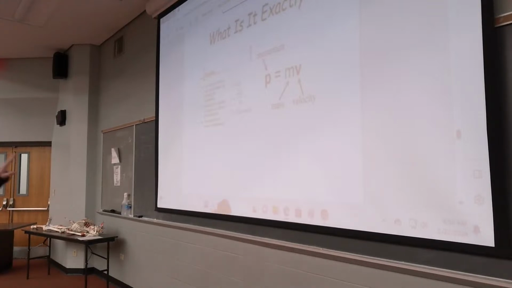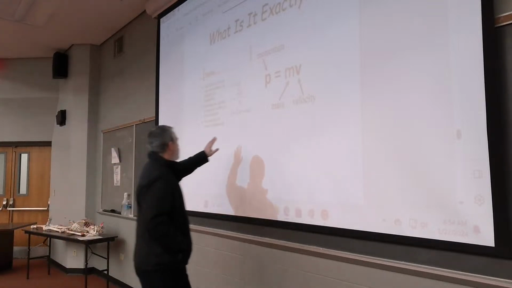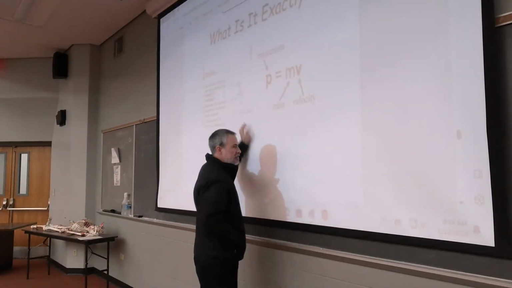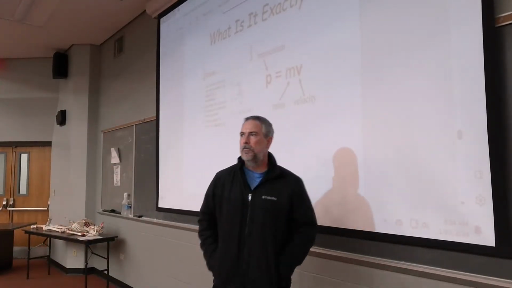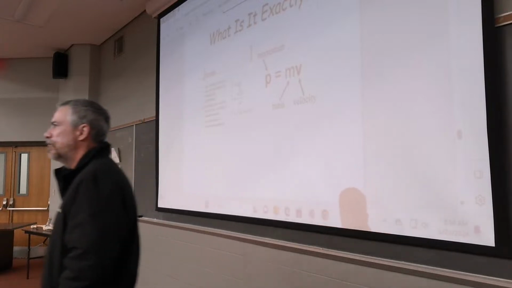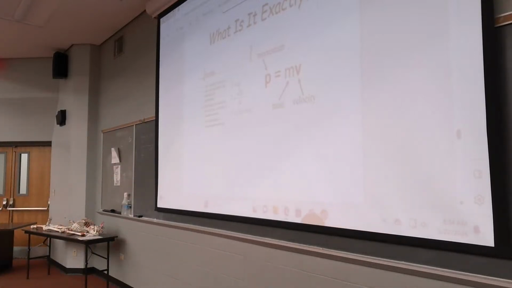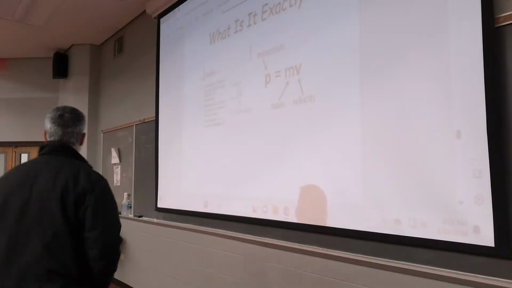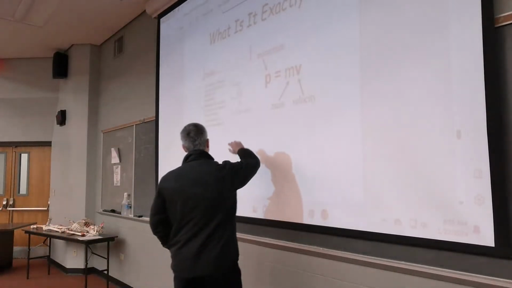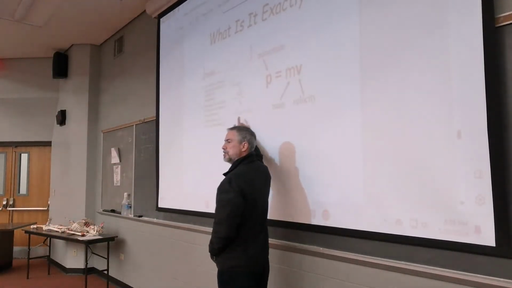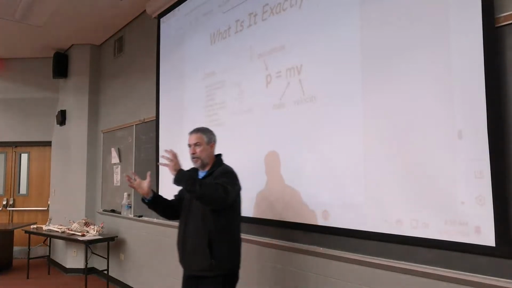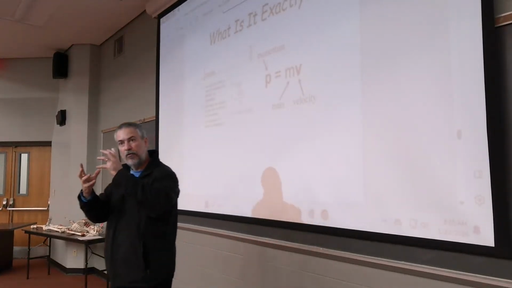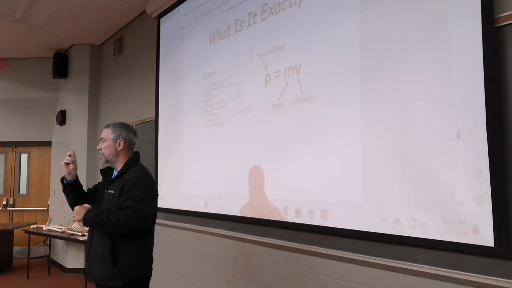Impulse is less often used, but it's the relationship between force and time. I think we could use some layman's terms for this. One of the reasons a baseball travels so fast, its momentum changes because when it collides with the bat, that's a lot of force, but in a very small amount of time.